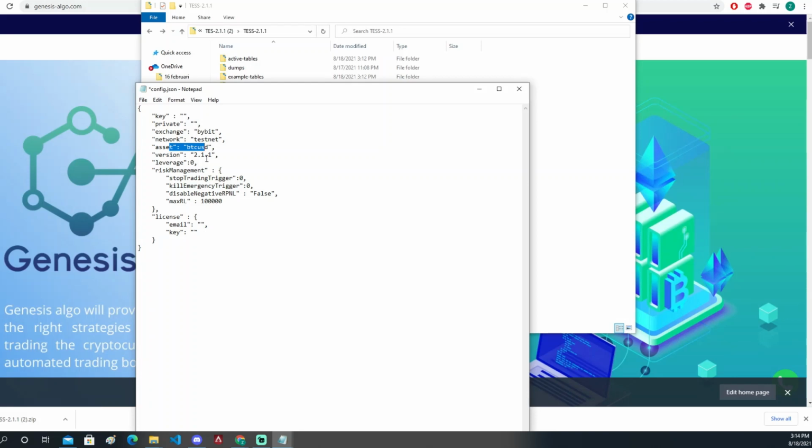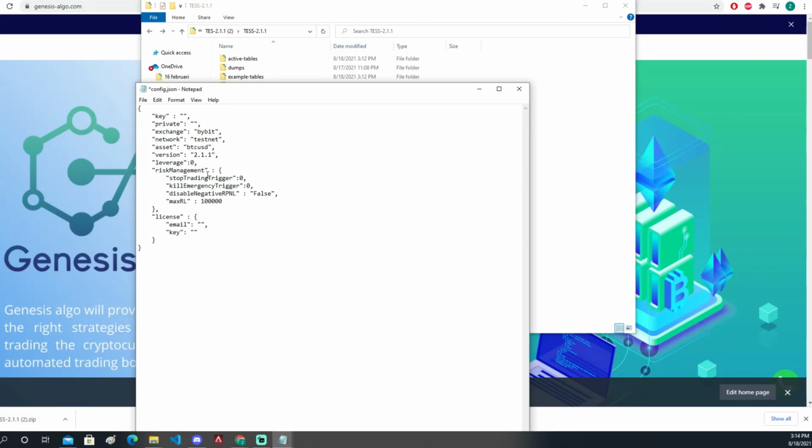You can also choose EOS USD, Ethereum USD, so ETH USD, or XRP USD. But you'll have to create your own tables, because I only created Ethereum USD and BTC USD that are very up to date, but for the rest you'll have to modify the strategies a bit.